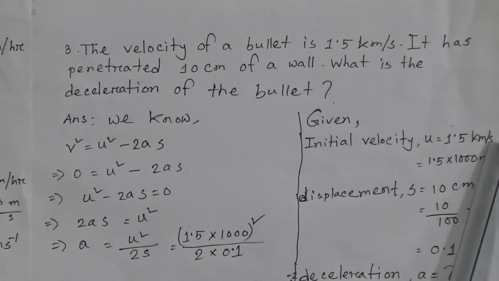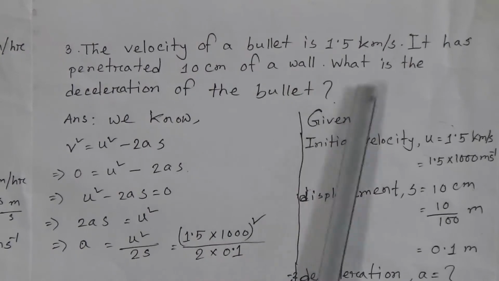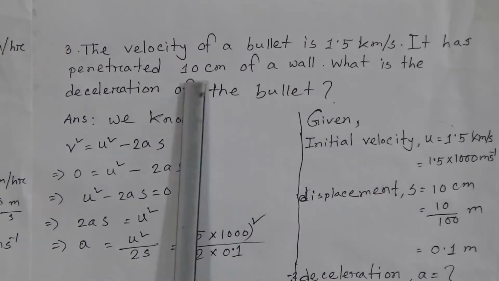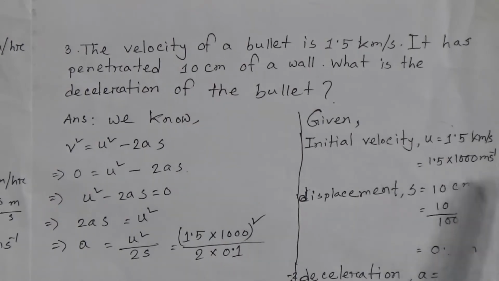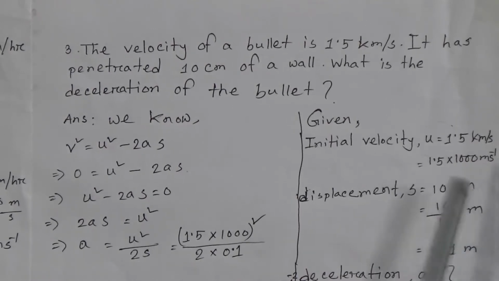It has penetrated 10 centimeter of a wall, that means the displacement is 10 centimeter. We convert centimeter into meter by dividing by 100: 10 divided by 100 meter, that means 0.1 meter.